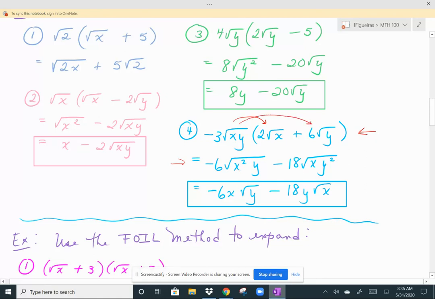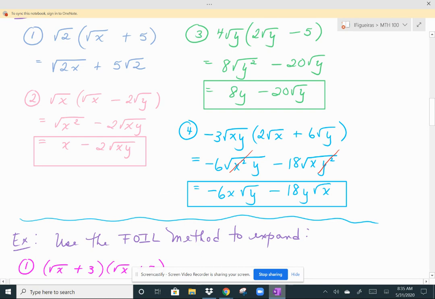Negative 3 and positive 6 gives me negative 18, and the inside part of the radical becomes root xy squared. Now both radicals can be simplified. The square root of x squared is x, so that comes out of the radical along with the negative 6, so you get negative 6x root y. And here, the square root of y squared is y, that comes out of the radical, so your second term is minus 18y root x.